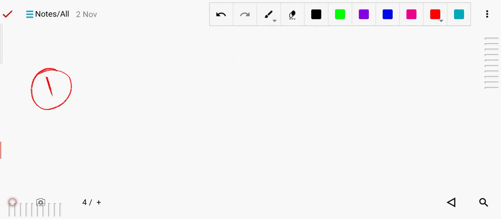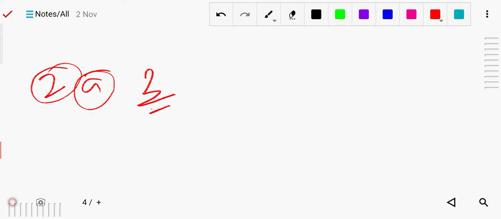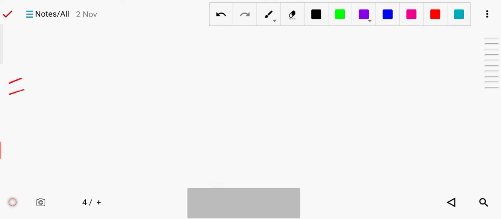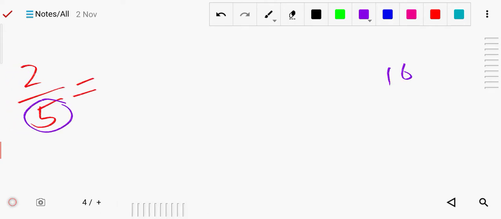First number 2a, 2 by 5. 2 by 5 means here we have to adjust this denominator part to 100. So what you can do, very easy step, simply you can divide this 100 by the given denominator.